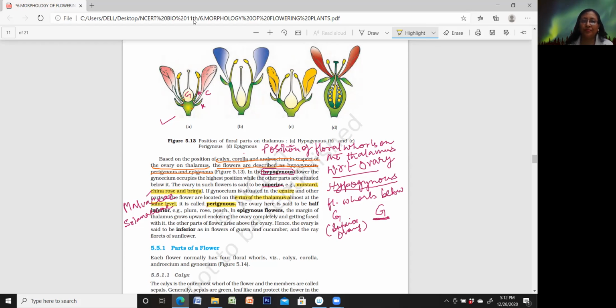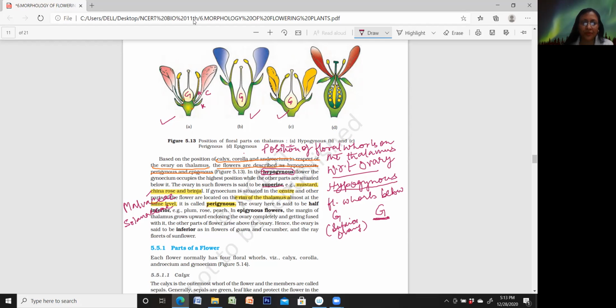To understand, you can see the B and C diagrams here. The gynoecium appears in between, and these are the other whorls. It's like a half superior, half inferior condition.